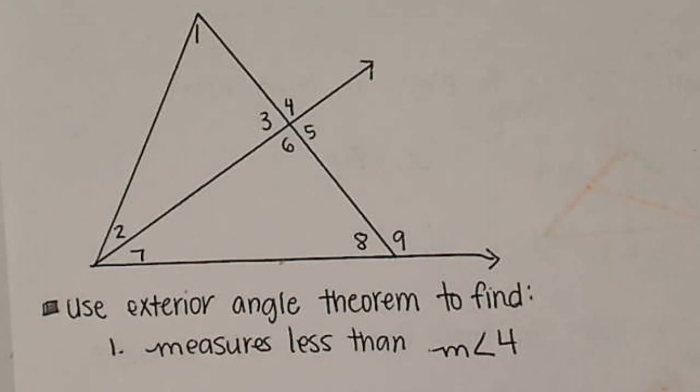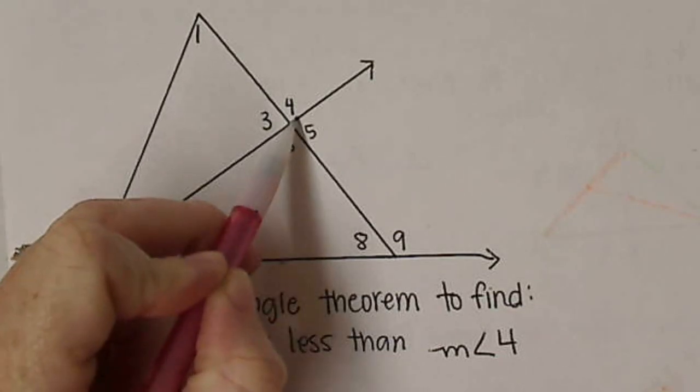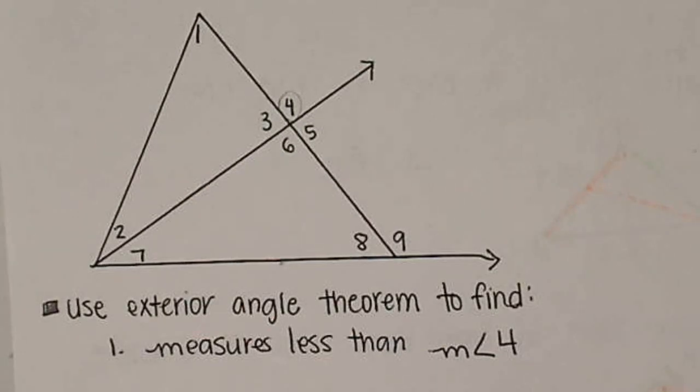We want to find measures less than angle 4. Okay, so we're looking at this angle right here. It's exterior.